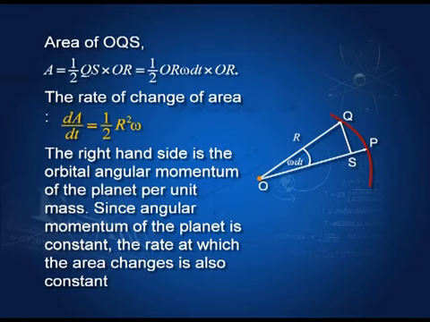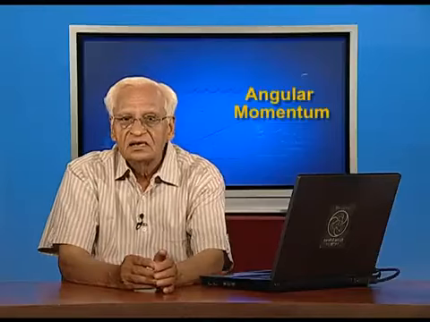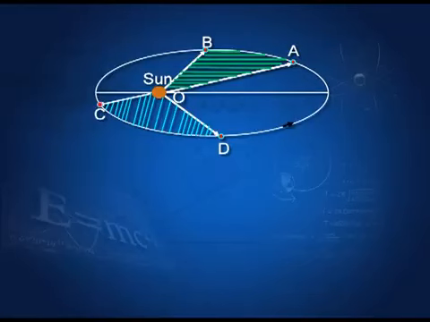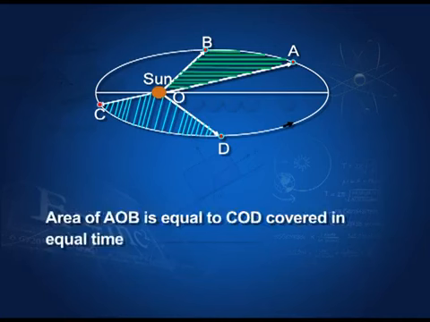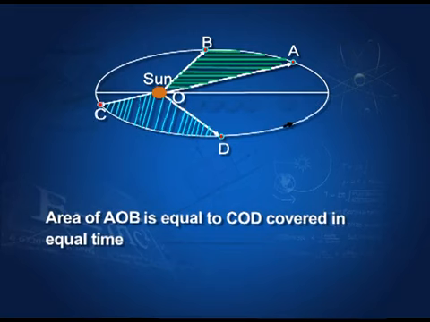And if it is conserved, then this quantity half R squared omega must remain constant, which means dA by dt, the area covered in a certain time, must also be constant. That is the second law of Kepler: the area AOB covered in a certain time is equal to the area COD covered in an equal time.